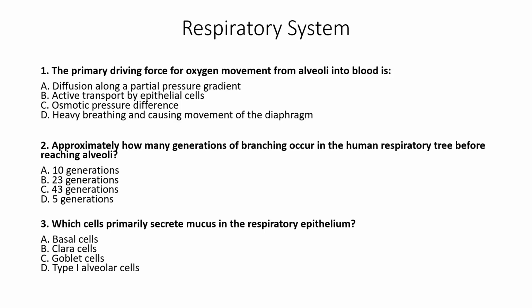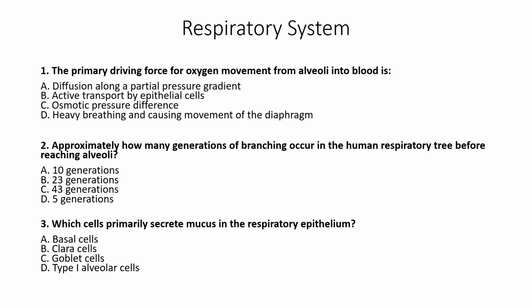Basal cells are actually a type of stem cell, I believe, that help with repair of the epithelium of the respiratory system. And type 1 cells, as you know, are important for gaseous exchange at the level of the alveoli.